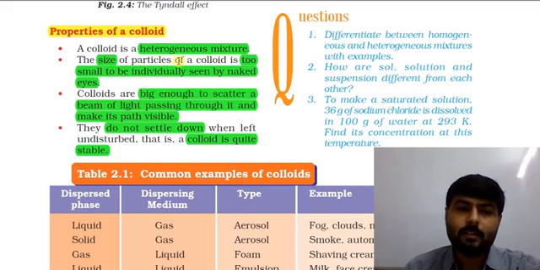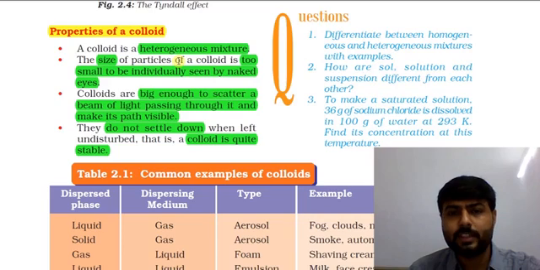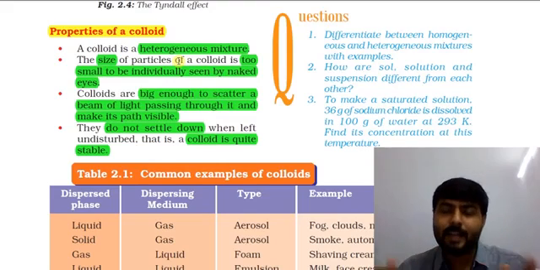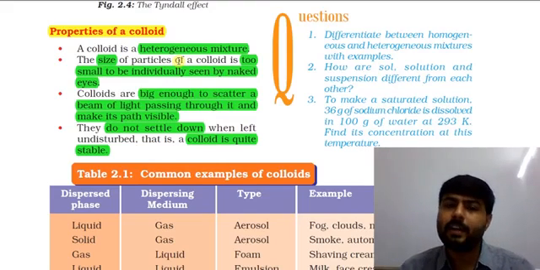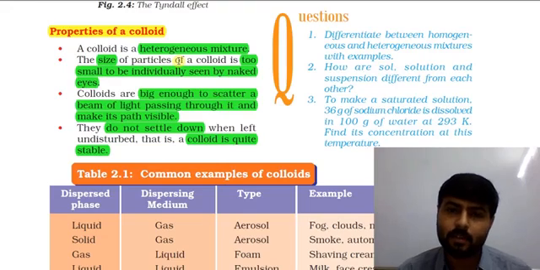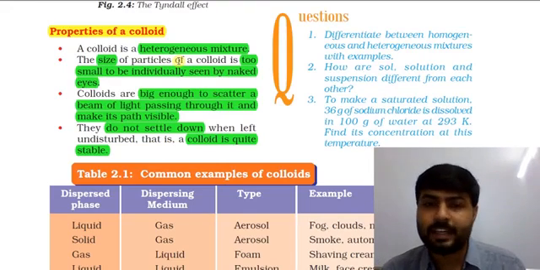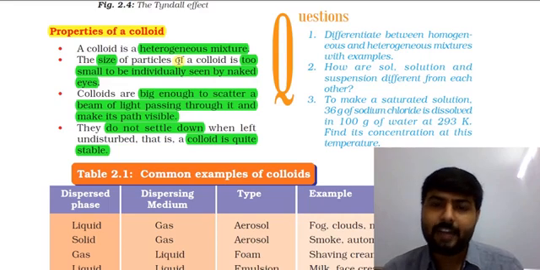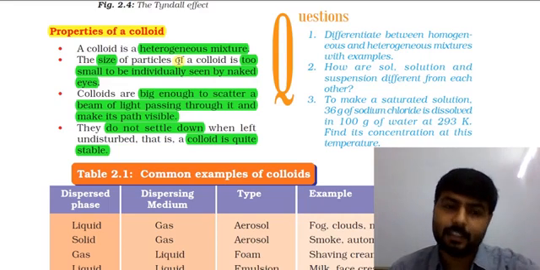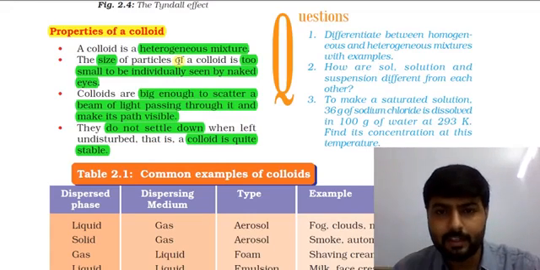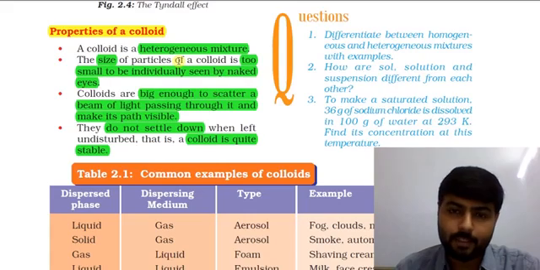For example, in properties of colloidal solution, in the first point you just need to write heterogeneous mixture. While writing in the exam, you can expand this to a sentence, a colloid is a heterogeneous mixture. But while revising, you need not write or read the full sentence. You can easily remember the key word, and that is all that is important.